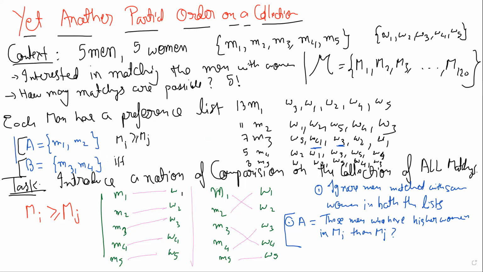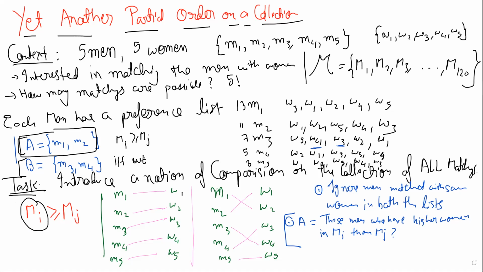You look at the elements of A, multiply their status, then take B, multiply the status, and compare. Maybe this will become a total order, in fact.